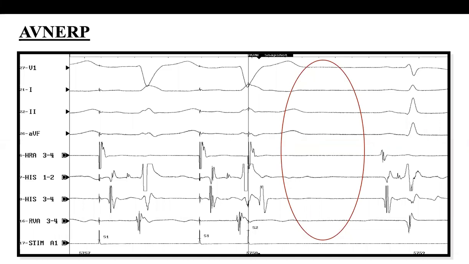No. If we say undersensing, first of all, this is what we call programmed stimulation. So this is in the EP lab. This is not a recording from a patient with a pacemaker to start with. In the EP lab, usually we pace at certain parameters that we set ourselves, from beat to beat.